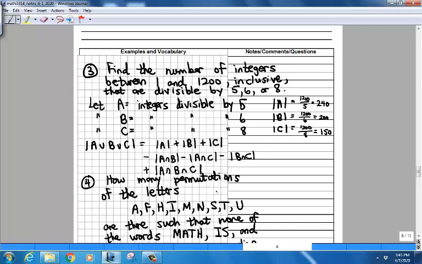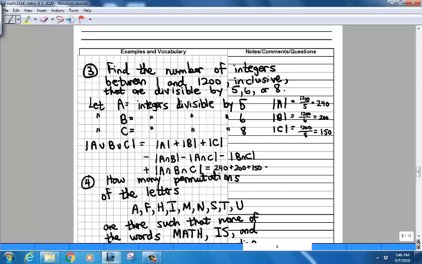But I think in this example we can compute the cardinalities of the intersections. By the way, of course, we already computed the cardinalities of A, B, and C. Let me throw those in here. So that is 240 plus 200 plus 150.